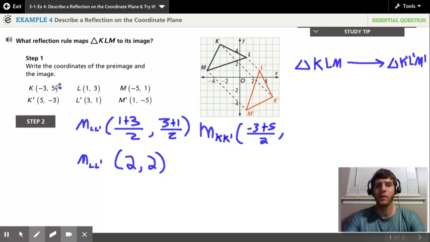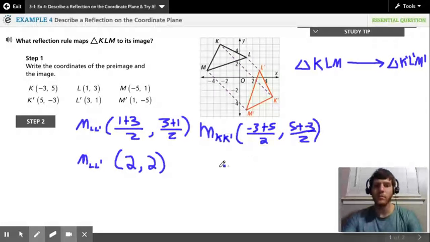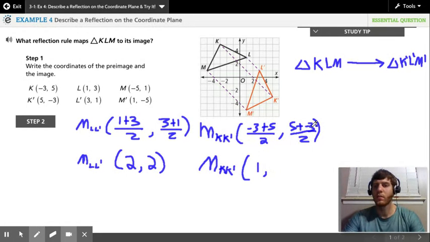And then our y value is 5 plus negative 3 over 2. So the midpoint of K and K prime is going to be 2 divided by 2 is 1, and 2 divided by 2 is 1, so (1, 1). We know our line of reflection goes through points (2, 2) and (1, 1).